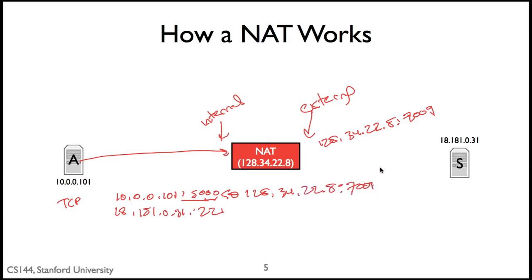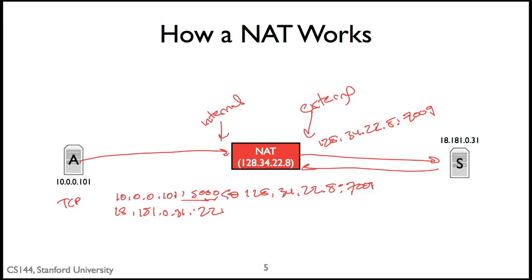And this is for TCP and TCP only. So then the packet will traverse, it'll look up this mapping, it will translate the packet, send the packet with the external IP address and port. Then when a packet comes back from the server, it's going to look up and say, aha, I received a packet on my external interface. I'm going to see if I have any mappings which match it based on the protocol, IP address and port. And then if so, translate the packet and rewrite it to the internal address and port.